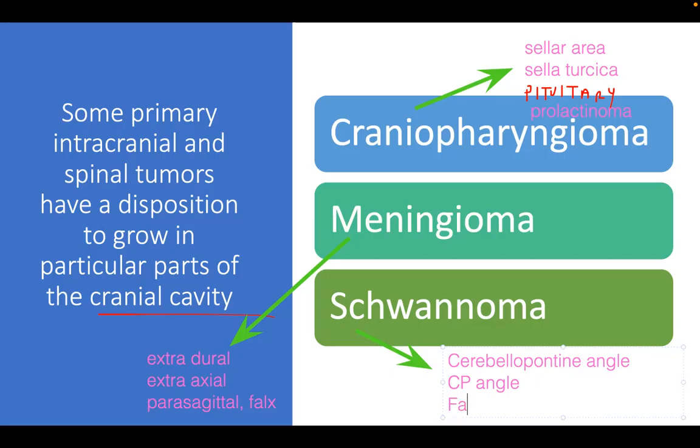So number one, we have the facial nerve. Okay, that's cranial nerve number 7. We also have the vestibulocochlear or the 8th cranial nerve. So cranial nerve number 8 is there.